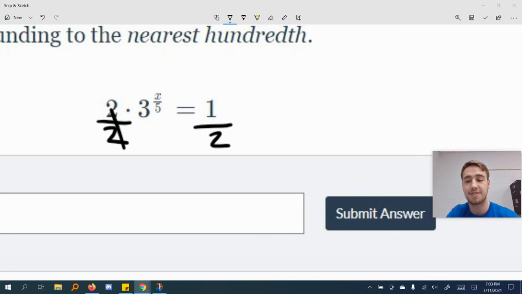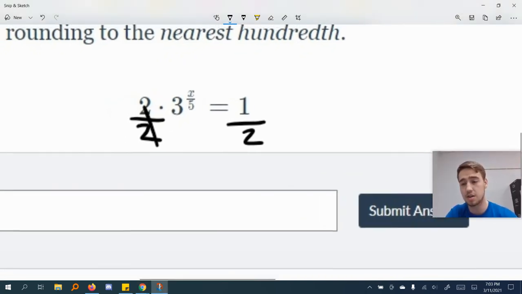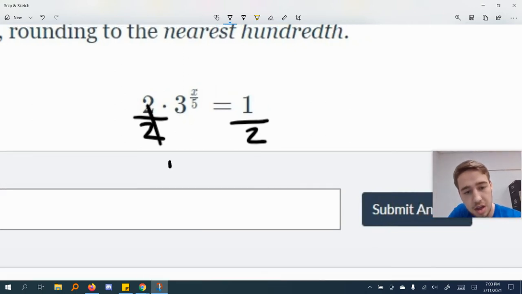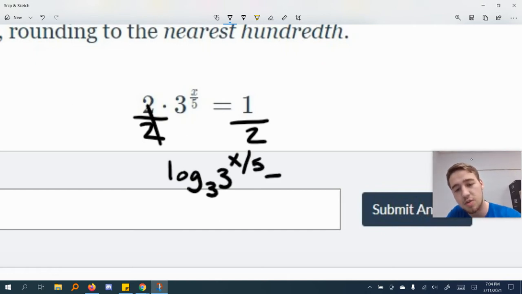So we're going to have to, again, take a log on both sides in order to balance this. So we get log base 3 of 3 to the x over 5 equals log base 3 of 1/2.